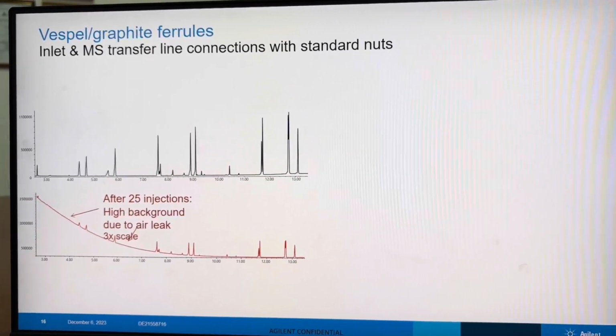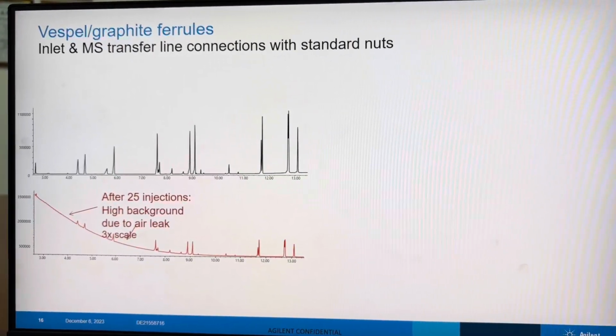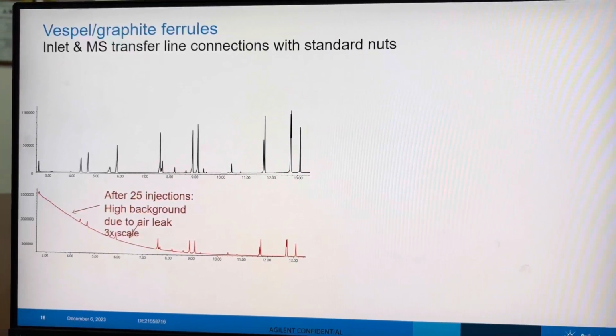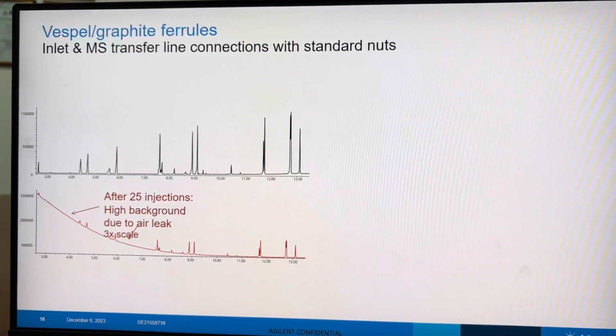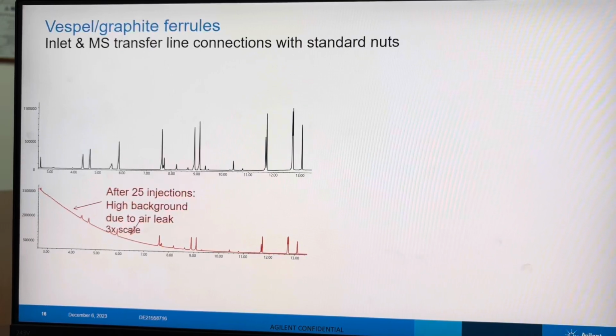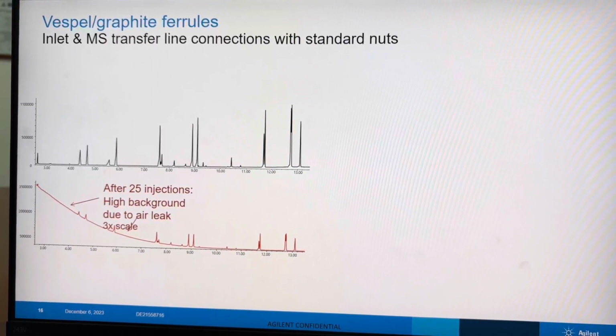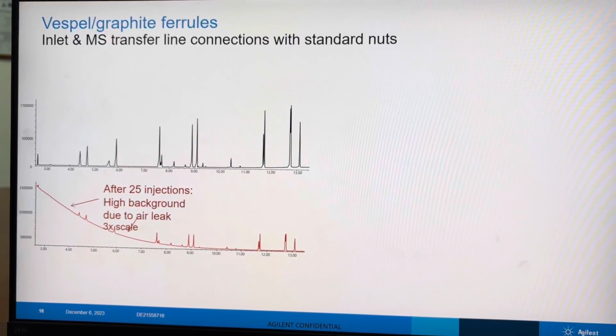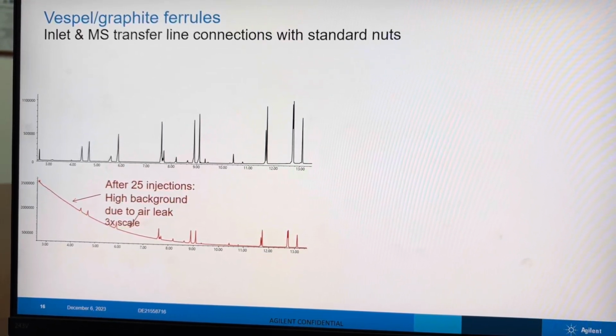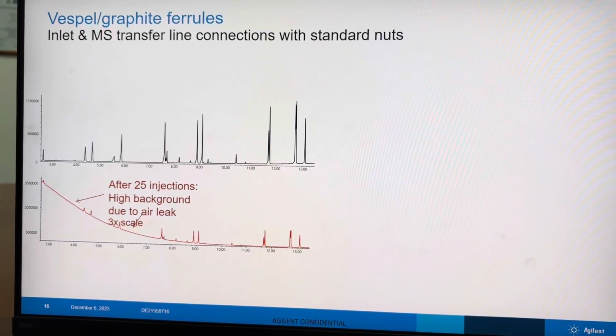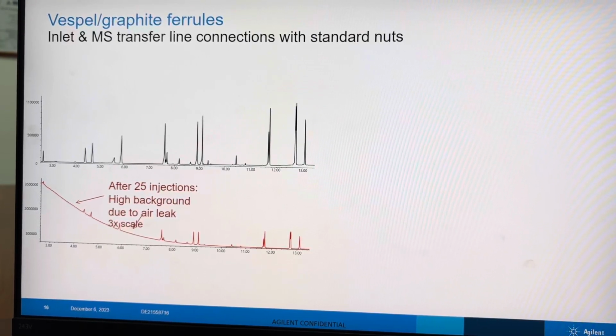You can see here, initially you will get it like this. After usage of some samples, like after 25 injections, cycles, including blanks, I'm talking about it, because the temperature goes from 50 to 200 or 300 degrees centigrade based on your program, it will go up and come down.